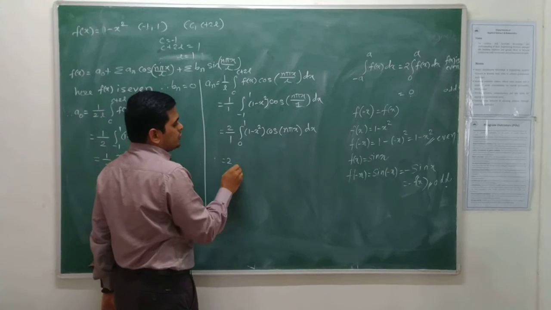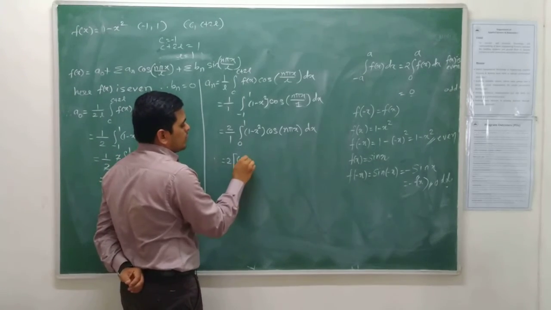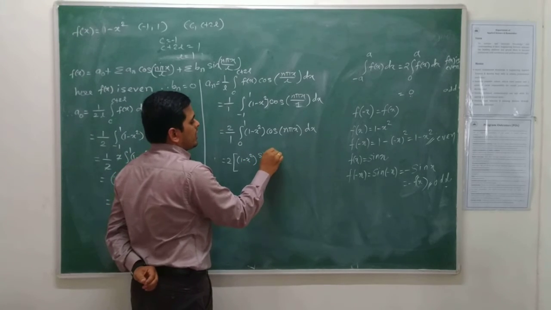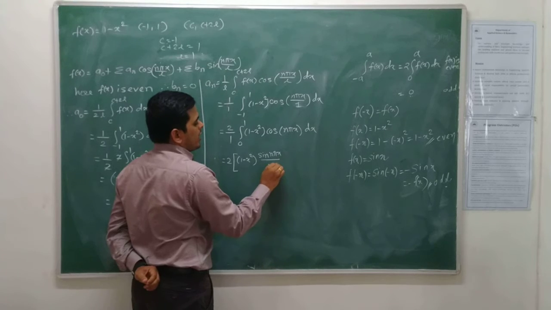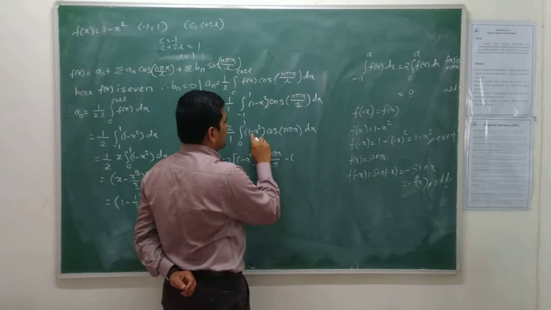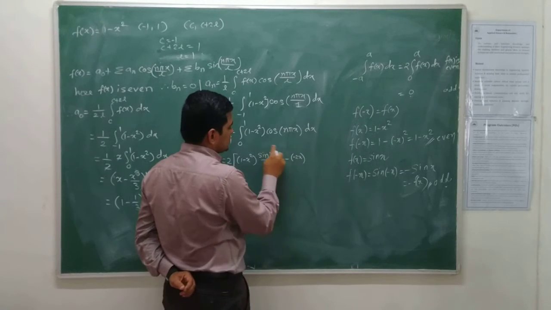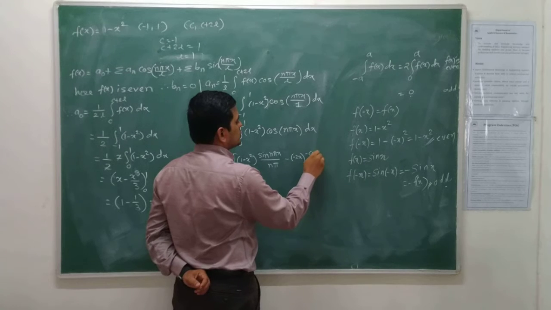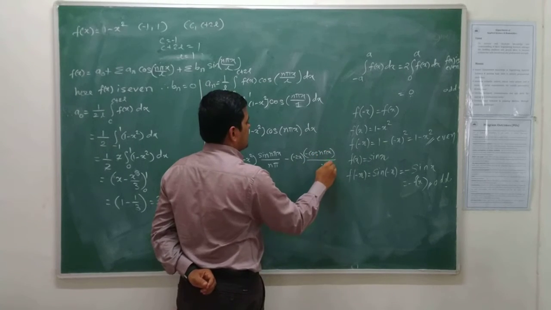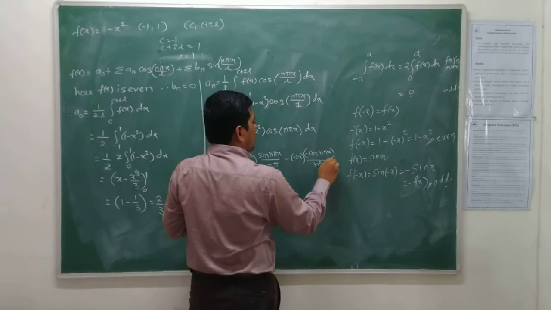Okay, this is 2 into. Next is we have to integrate this further. 1 minus x square, integration of cos is sin n pi x upon n pi. Minus, derivative of 1 minus x square is minus 2x. Integration of this sin n pi x is minus cos n pi x divided by n pi, and this n pi becomes n square pi square.